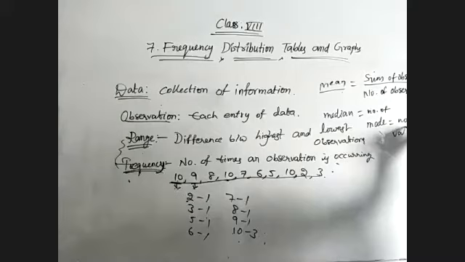And median is only for numerical data. Coming to mode, we can use verbal data as well as numerical data. We will understand 2 examples for mode. After this, we will see the exercise problems.